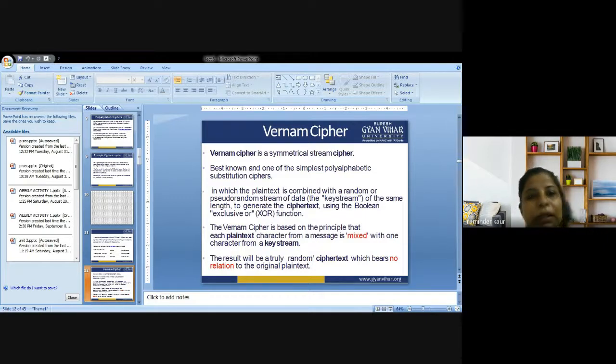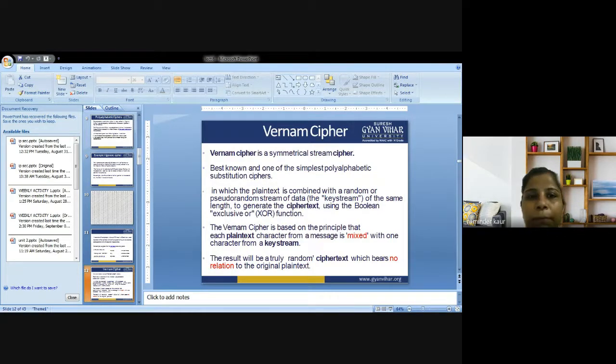Now there is a method to take a key. We take a key to encrypt the plain text, whose length should be equal to the length of the plain text. What is the encryption algorithm for the same? Assign a number to each character of the plain text, like A equal to 0, B equal to 1, C equal to 2, and do the same for the key according to alphabetic order.